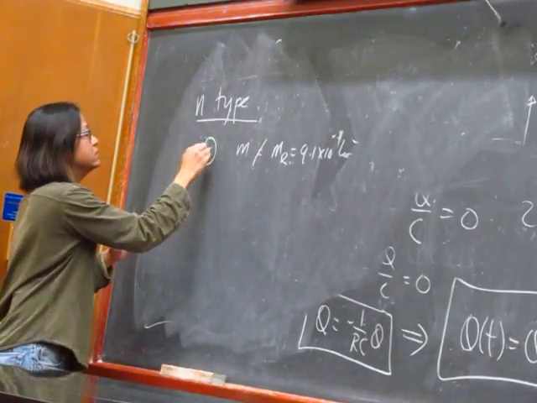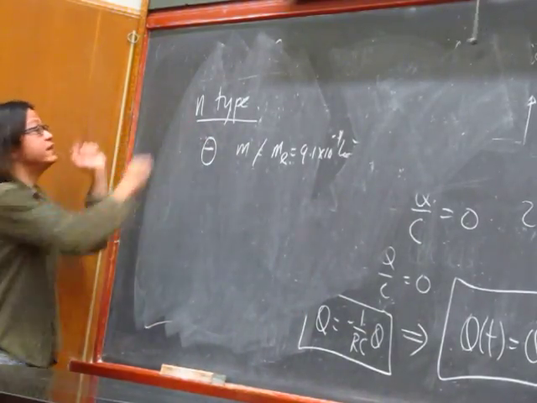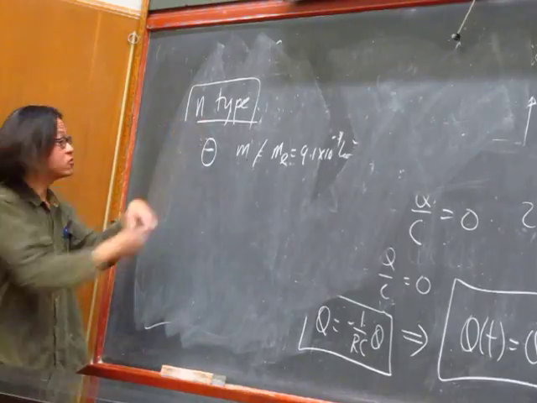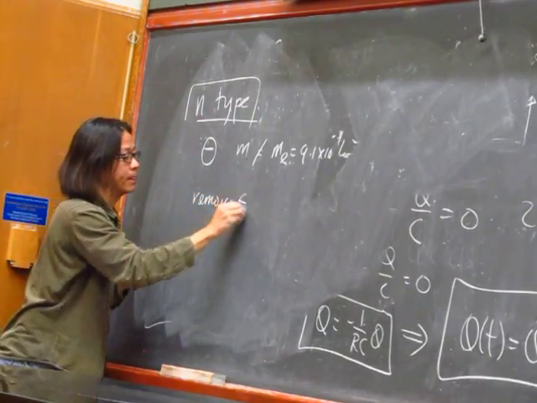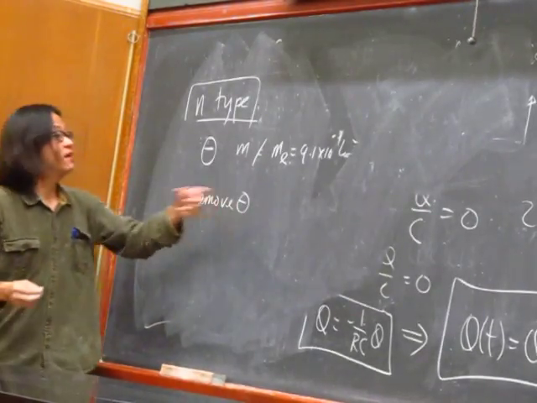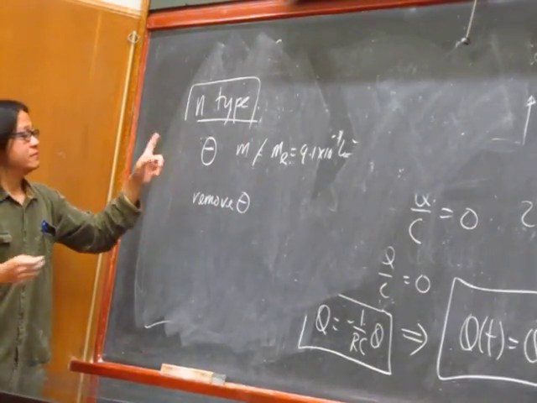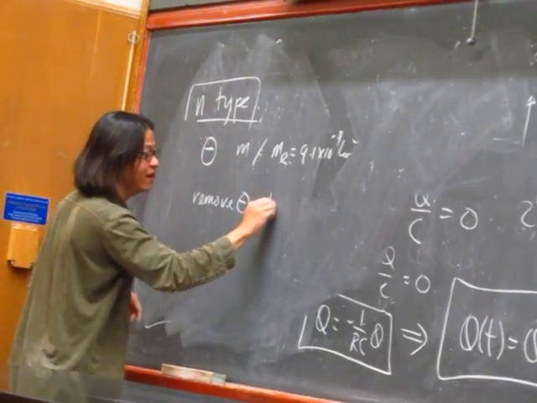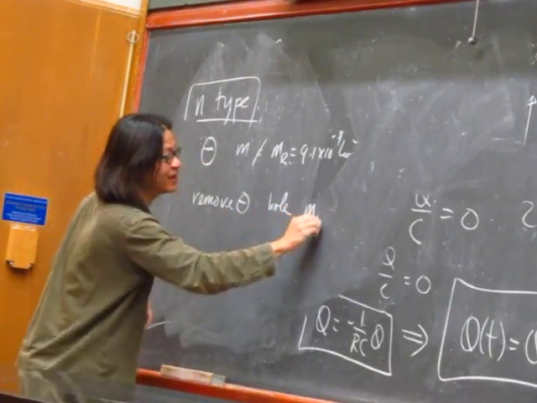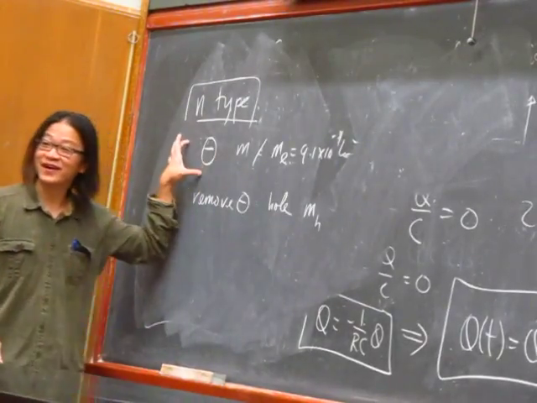If somehow within the N-type I can also remove an electron, then this is complicated. When I remove an electron, then I have a hole, and that hole has a certain mass too, for an N-type.